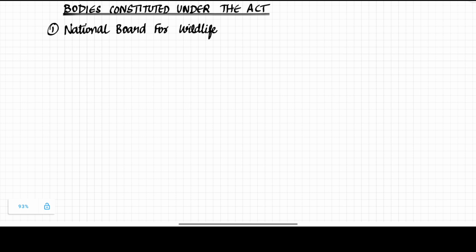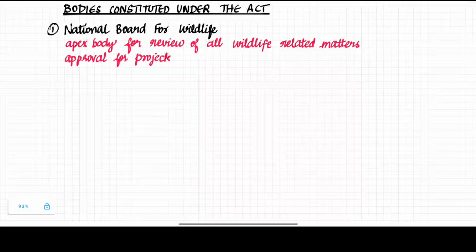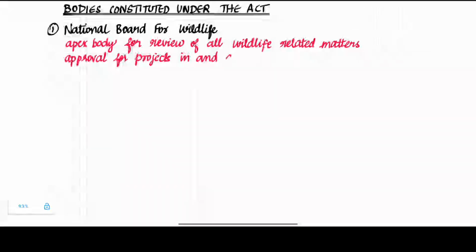It is for reviewing all the wildlife related matters, and it gives approval for projects in and around the national park and wildlife sanctuary.